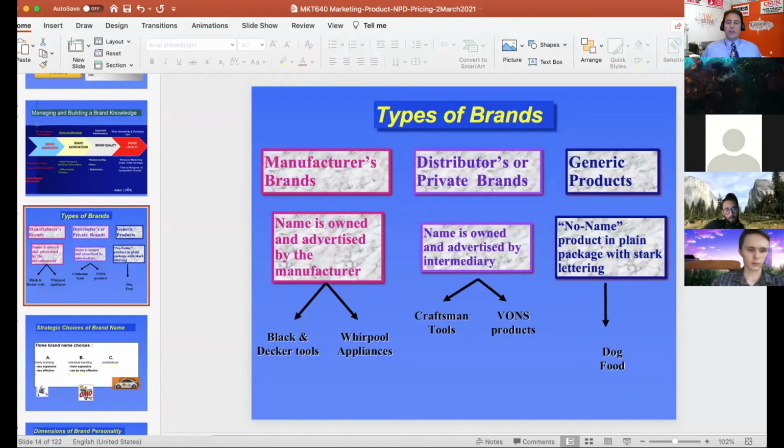Or you're going to decide, no, the tools are going to be Craftsman and the kitchen appliances are going to be Kenmore. Or you're going to be like Philips, where everything is called Philips: Philips electric screwdriver, Philips TV, Philips radio, Philips foot massage, Philips shaver. Everything is under Philips.